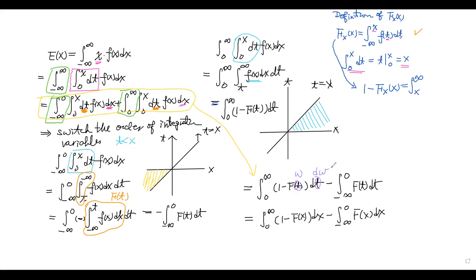So this is a pretty nice different way to find the expected value here. And the proof really just requires some very basic calculus integration skill. So the key thing here is how to switch the integration order, right? You need to know how to switch the integration order and those basic definitions.